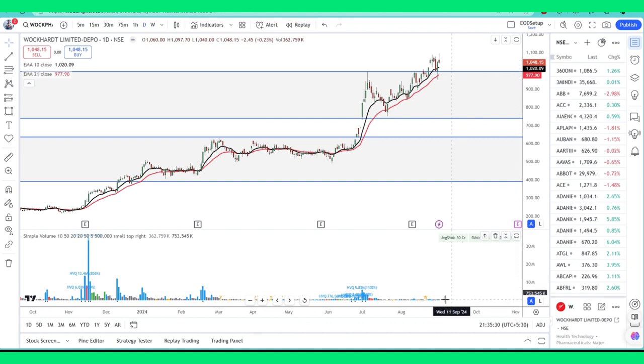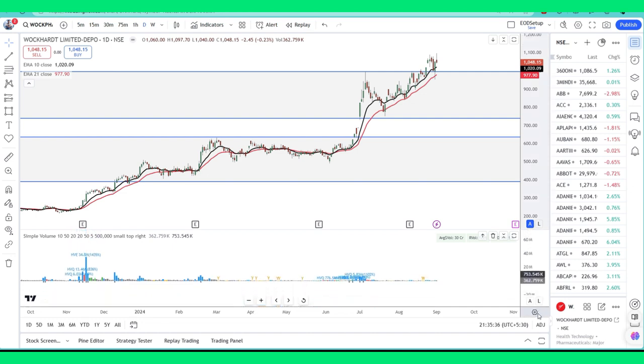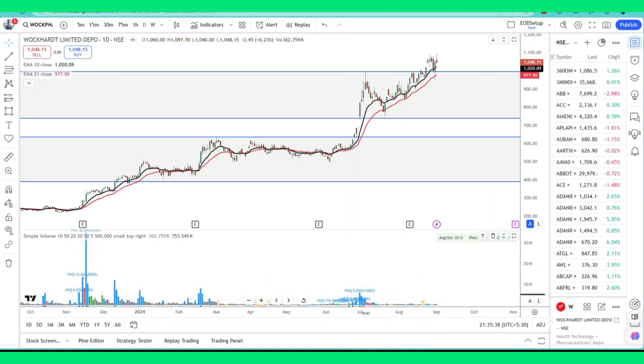So we can see that the volumes are dwindling, which is a good sign. And during the base building phase, it has done so many high volume candles. So this is a stock which I will add to the watch list and keep. It's not yet ready to take any action.